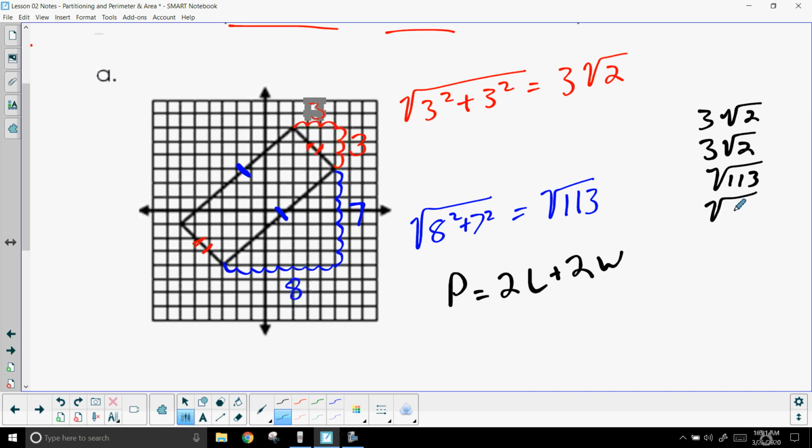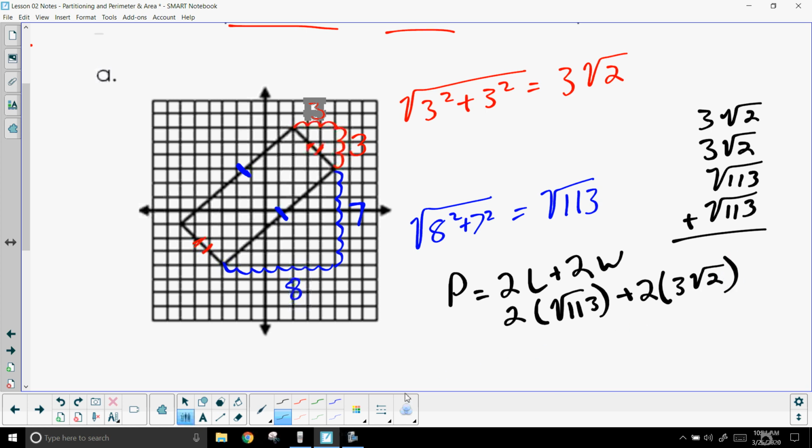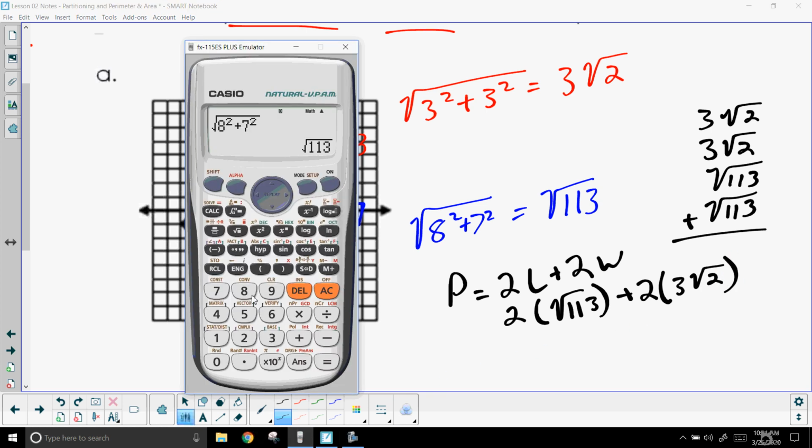So 2 times my length, the one in blue, plus 2 times my width, what's in red. Get your calculator because it'll do all the heavy lifting for you. Just plug it in like you see it. That's a wacky number.